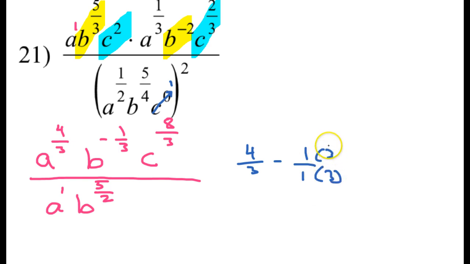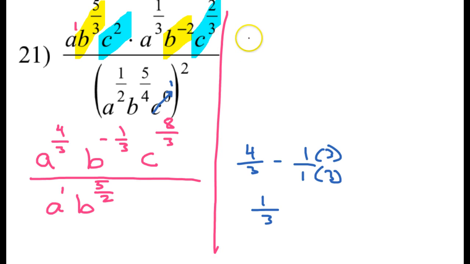If I go ahead and make like denominators, this is really 4 over 3 minus 3 over 3. So that's going to be 1 over 3. So that's why I will have a to the 1/3 power.